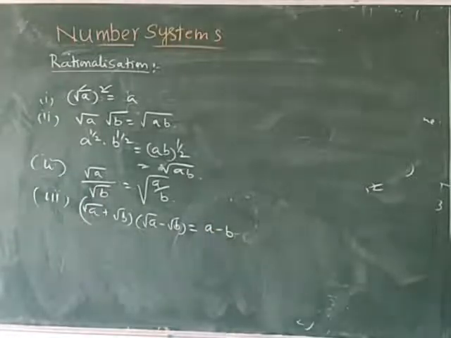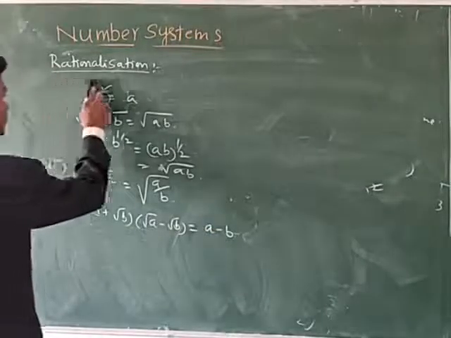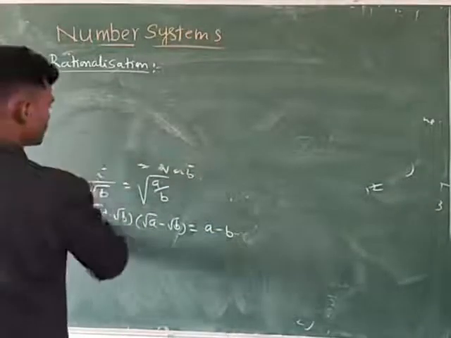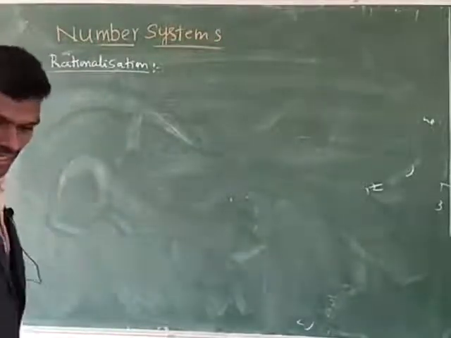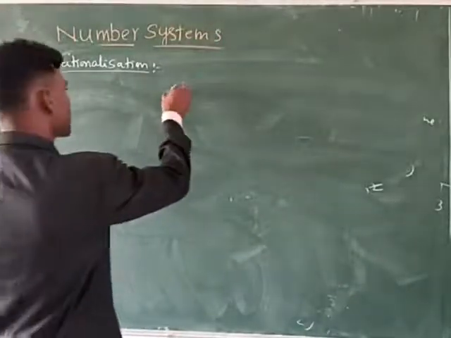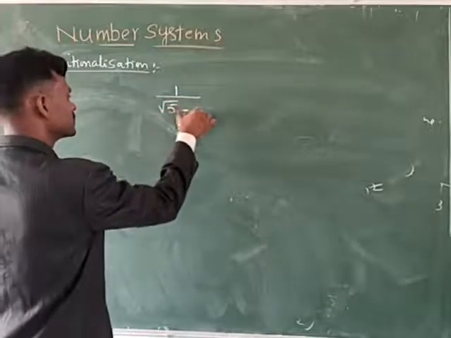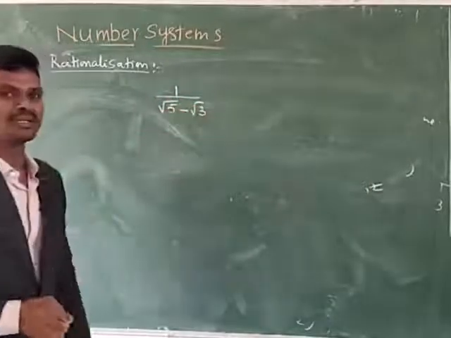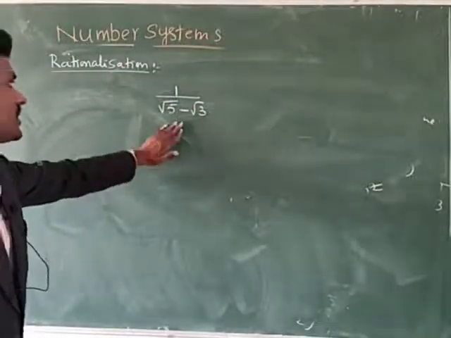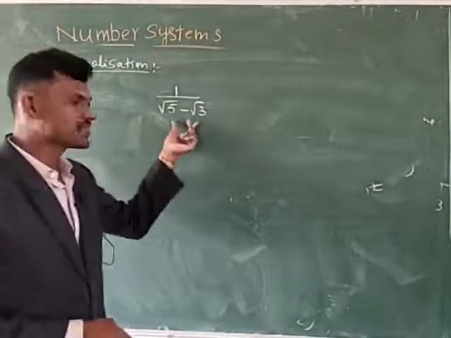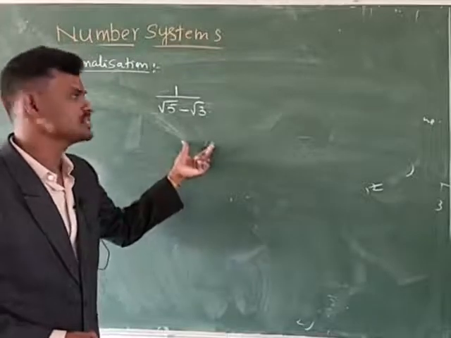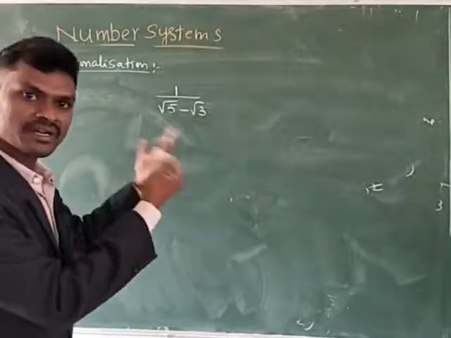Now listen, rationalization of the denominator. See here, I will take one example: 1 by root 5 minus root 3. This is an irrational number. To make this denominator a rational number, we have to multiply with its rational factor.